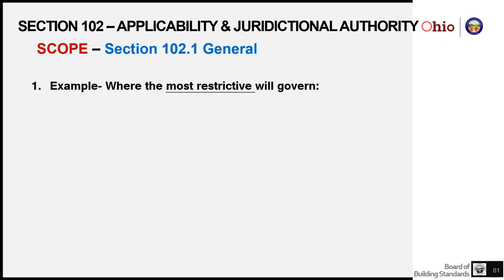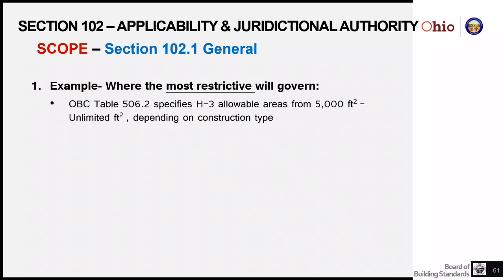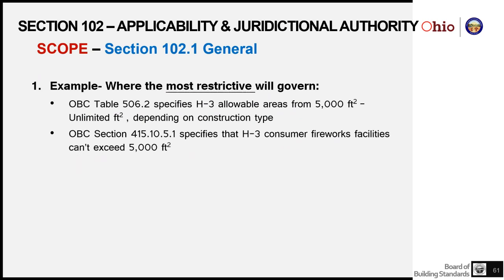One is where we're talking about a most restrictive requirement, so the first part of that. One of the things you'll see is that table 506.2 specifies that an H3 occupancy allows areas from 5,000 square feet to unlimited square footage, depending on the type of construction. You'll also see that OBC section 415.10.5.1 specifies that H3 consumer fireworks facilities cannot exceed 5,000 square feet. So here we have two requirements.